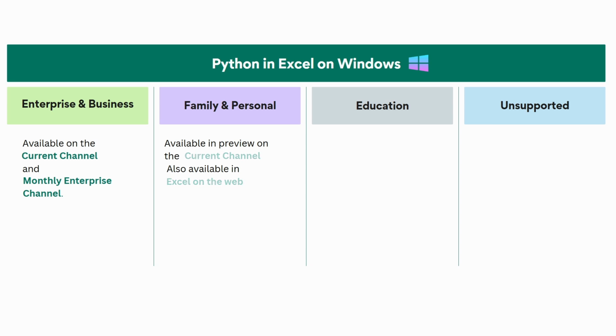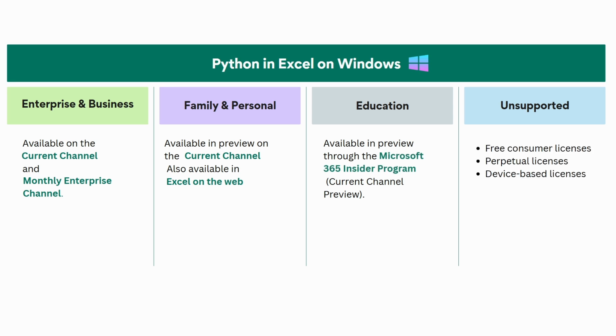And even the very basic purchase of Microsoft 365, there are three versions they have, so the very basic one will not support Python in Excel. Next is education. If you have joined the Microsoft 365 Insider program, then in the current channel you will get the current channel preview, so you can use Python. For free consumer licenses, perpetual licenses, and device-based licenses, Python will not be supported.